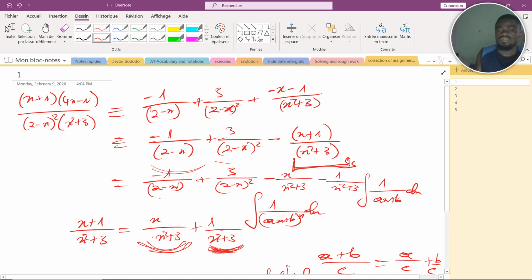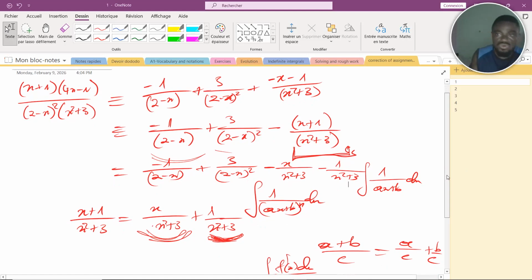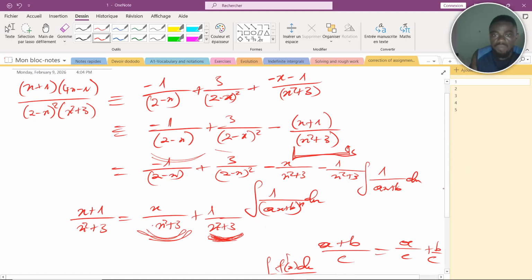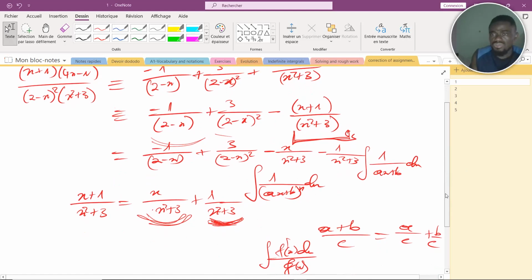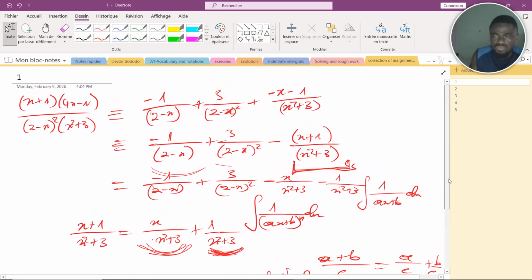From there, you can take them one by one and integrate. Is that okay? So that was an important point I wanted to mention about this exercise. Basically, you did well the other ones.